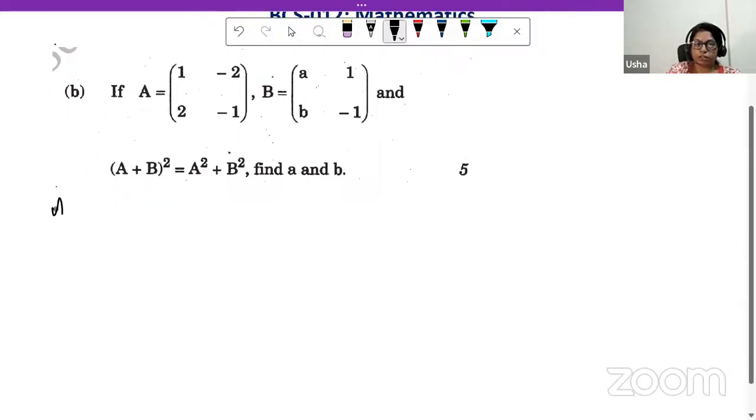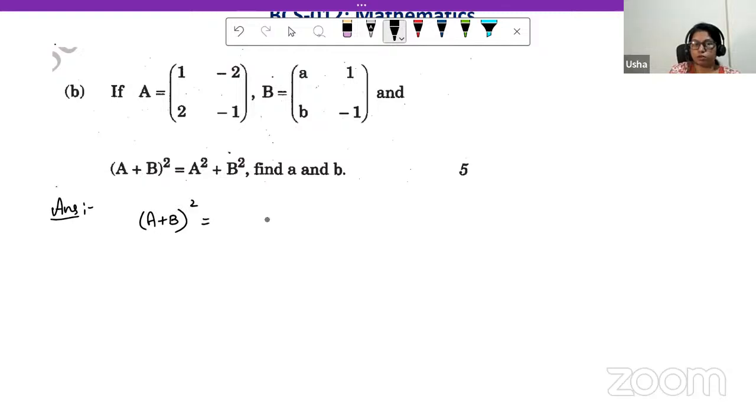I will take the first method where we use the formula, because if you do not use the result that I just told you, you should add A and B. After adding A and B, you need to square that. Squaring in the sense you need to multiply the matrices, and A square is nothing but A into A, right? So many multiplications you will have to do.